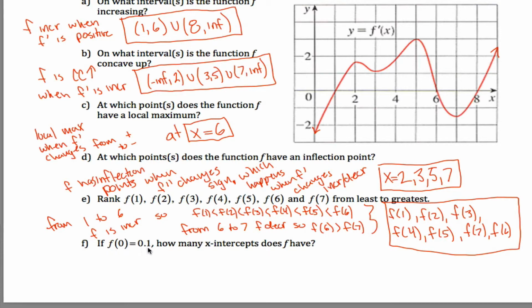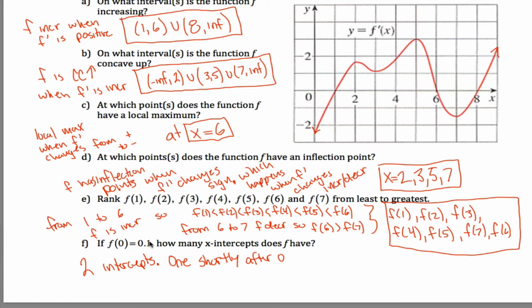If f of 0 equals 0.1, how many x-intercepts does f have? Another hard question. I think the answer is going to be 2. And the reason why is, originally, right here, my function is going down. It's decreasing pretty quick. 2 intercepts. 1 shortly after 0.